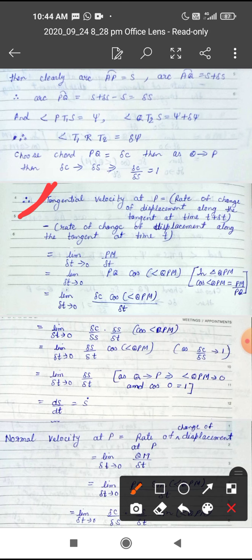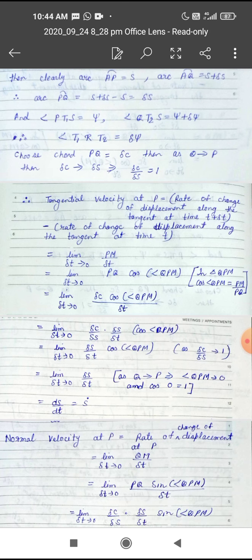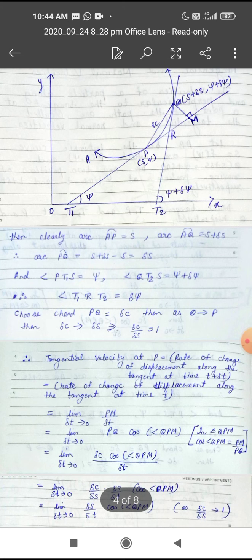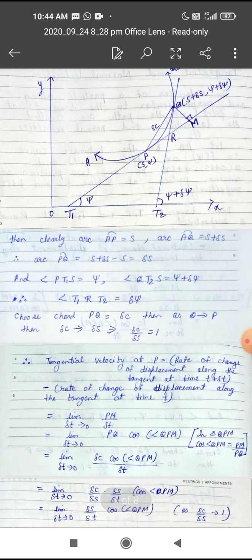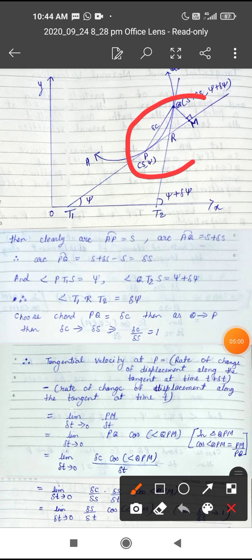Now, in triangle QPM, cos angle QPM is equal to PM divided by PQ.